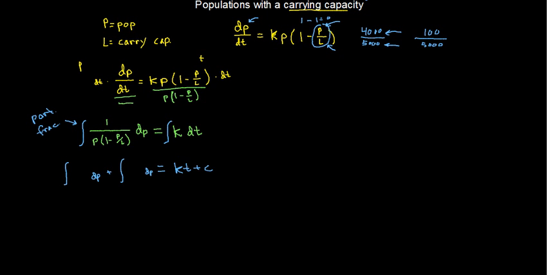Now that's going to take a little bit of doing, so I'm going to do that over here. So we need to break this fraction up into A over something plus B over something. And so the first factor there is p, and the second one is 1 minus p over L. And those will then be our two integrals.